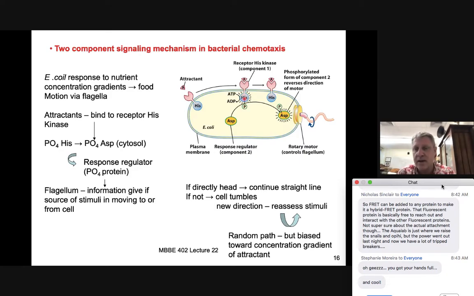Now, the phosphorylation of that histidine causes a new activation, where that histidine phosphorylation is going to take another protein, a regulatory protein, and allow it to transfer that phosphorylation group onto the aspartic acid.